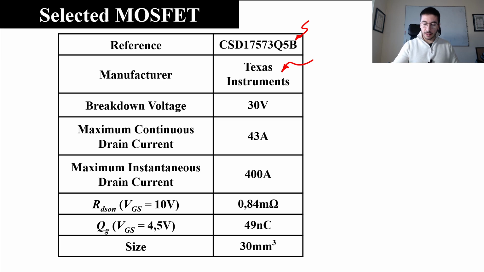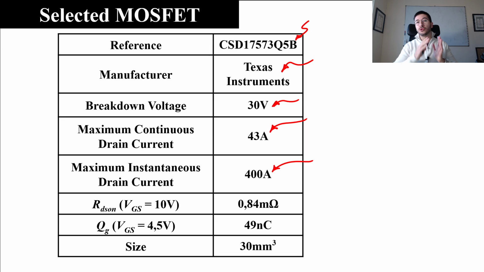The breakdown voltage of this device is 30 volts, which is much higher than 18 volts. The maximum continuous drain current is 43 amps, much higher than, I think that was 6 amps. And the maximum instantaneous drain current of this device is 400 amps, which is much higher than 25 amps.